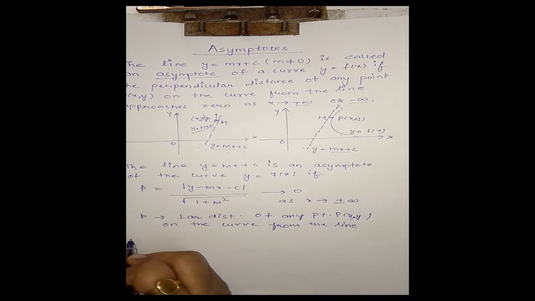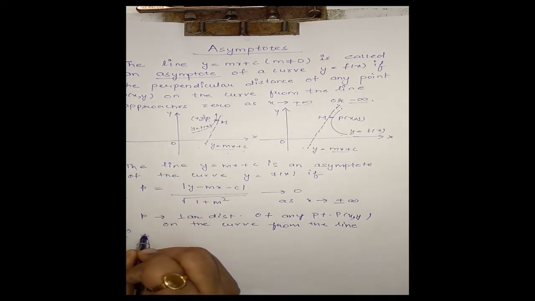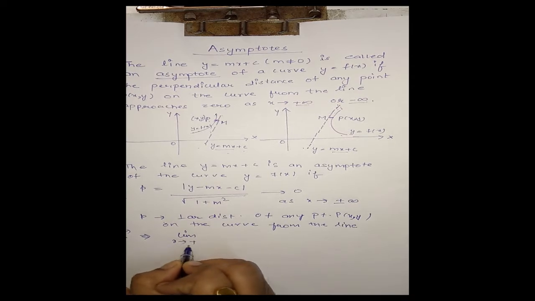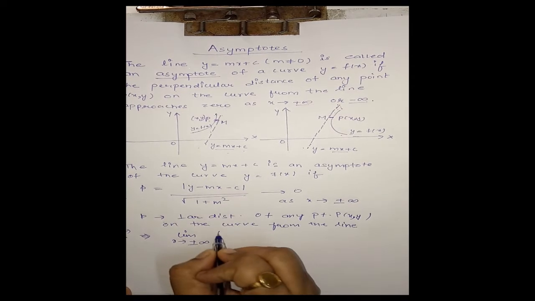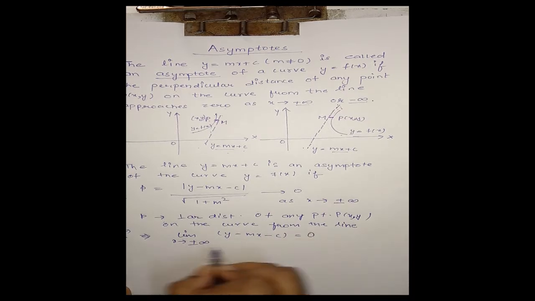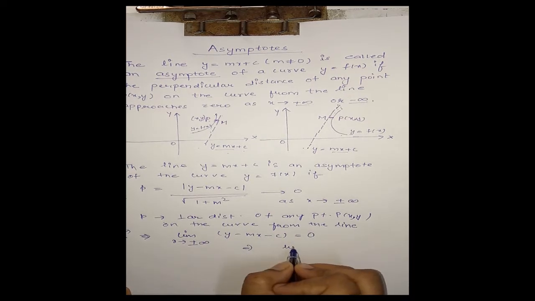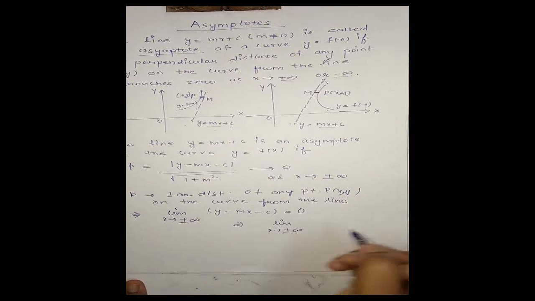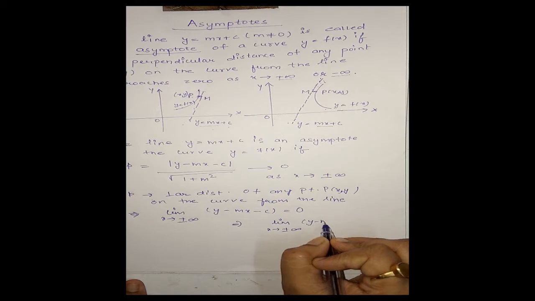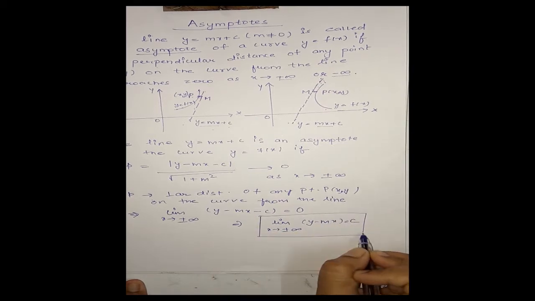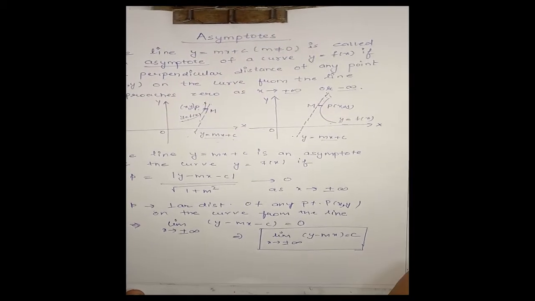Now this implies the limit as x tends to plus or minus infinity of y minus mx minus c is equal to 0. This also gives us the limit as x tends to plus or minus infinity of y minus mx is equal to c. This also gives us this.